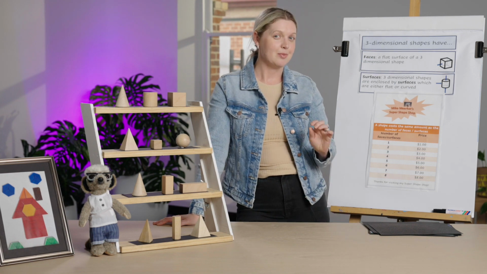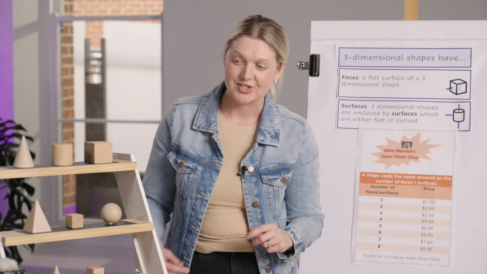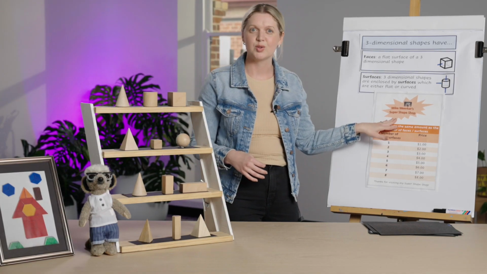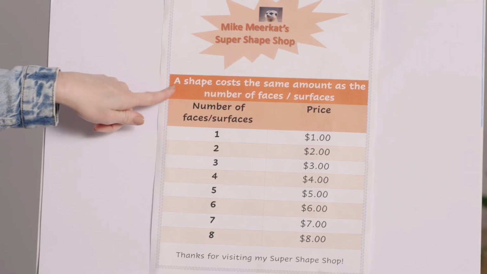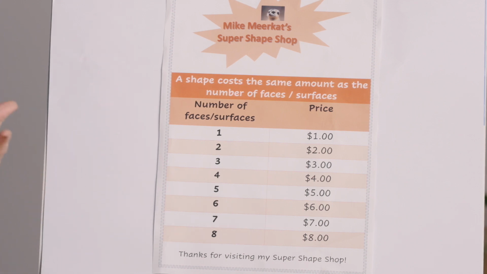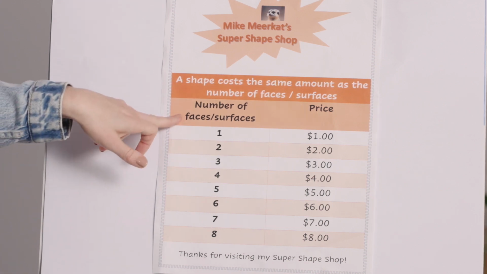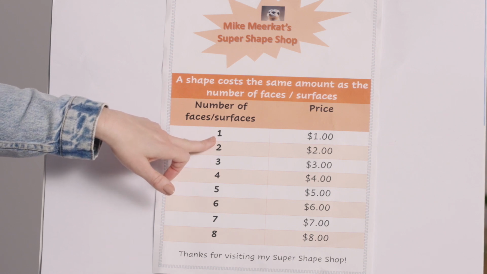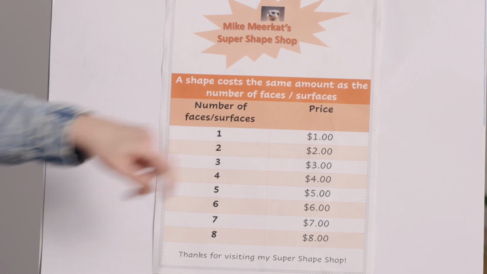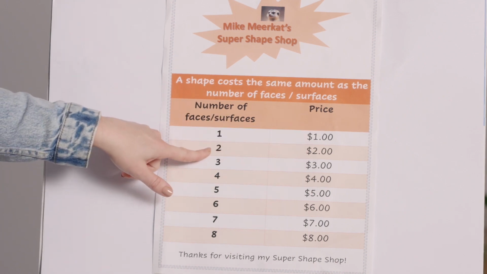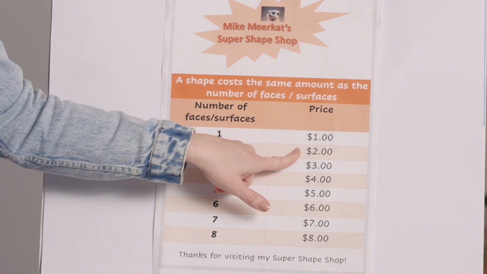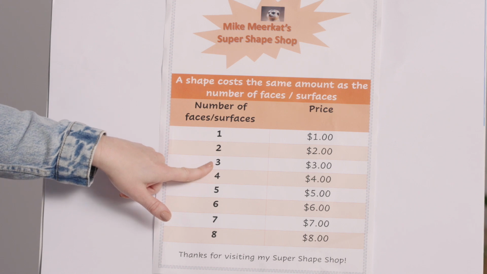Now, let's have a look at the price list for Mike's three-dimensional shapes in the shop. So, in Mike Meerkat's Super Shape Shop, a shape costs the same amount as the number of faces or surfaces it has. So, if we had a shape that had one face or one surface, it would cost $1. Two faces or surfaces, it would cost $2. $3.